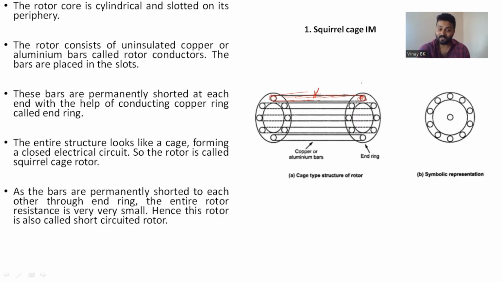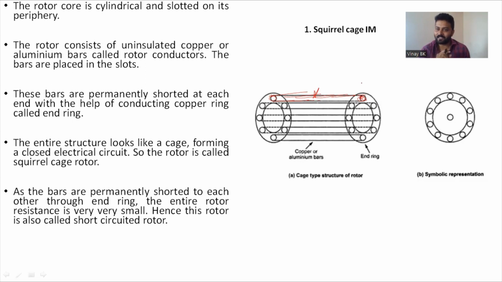As the bars are permanently shorted to each other through end rings, the entire rotor resistance is very, very small. Whatever resistance the rotor has is very small. Hence this rotor is also called a short circuited rotor.